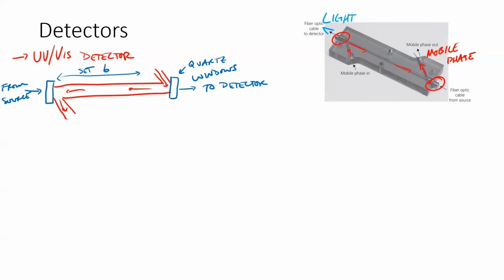Which one of those? Diode array. Yeah, because we can take the whole spectrum in half a second, right? And so these are almost always diode array detectors, so that you can take the whole spectrum multiple times in a minute. Okay.